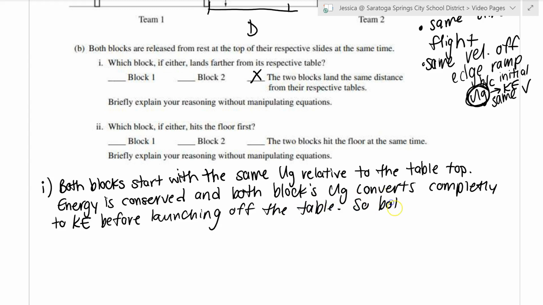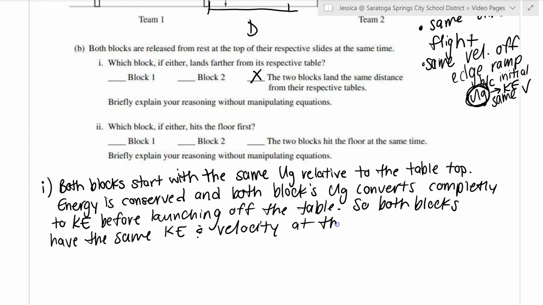So both blocks have the same KE and velocity at the edge of the table.